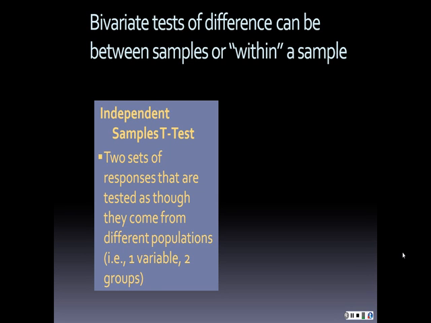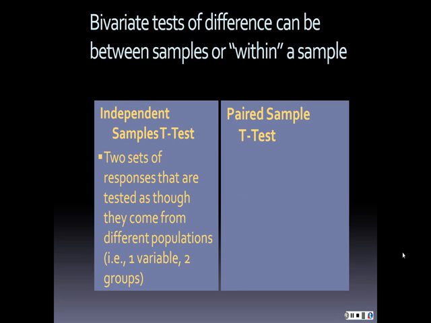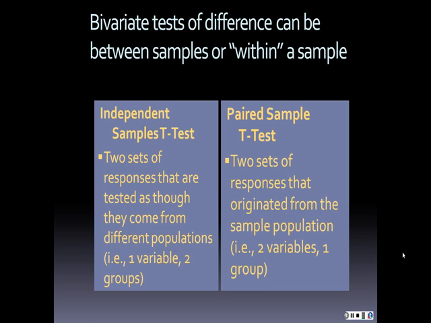But there's another situation in which we'd be comparing the mean values for two metric variables, and that would be a paired sample t-test. With the paired sample t-test, we have data from one group, but we're comparing the means for different variables. So for example, we could look at the entire undergraduate student body and just treat them as one group, one population, and ask them two questions.